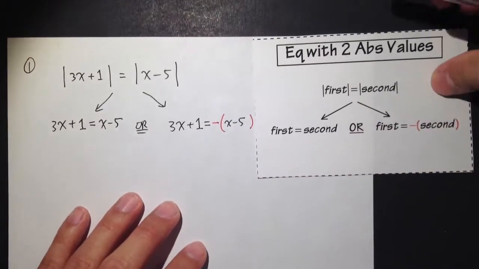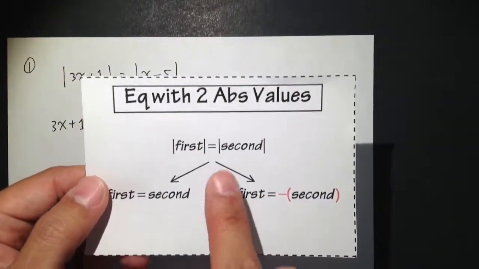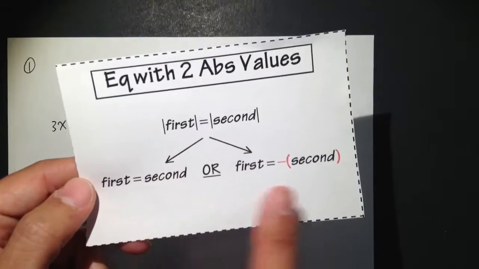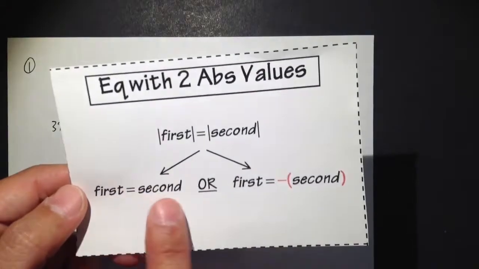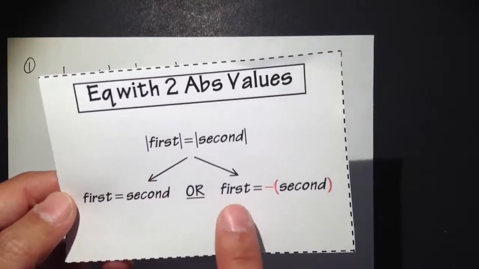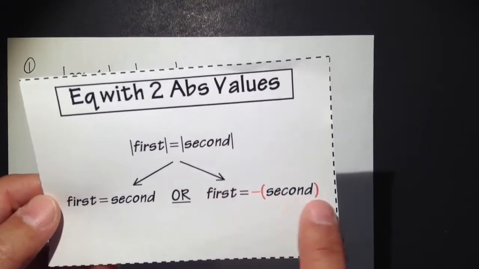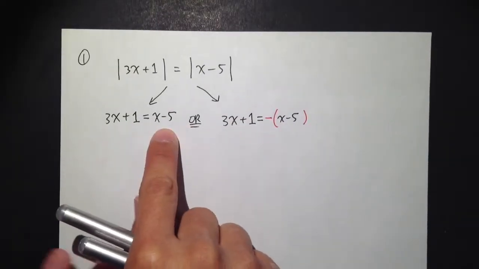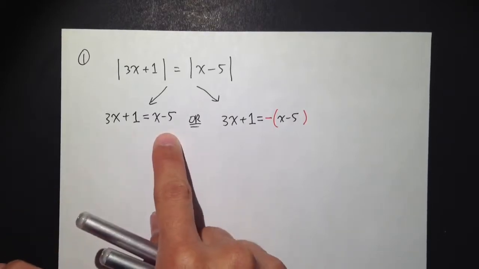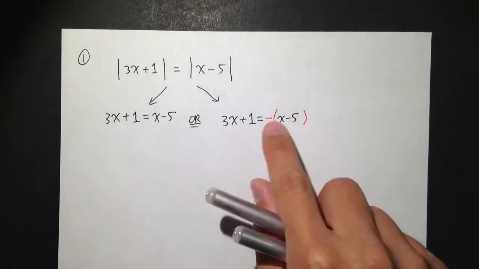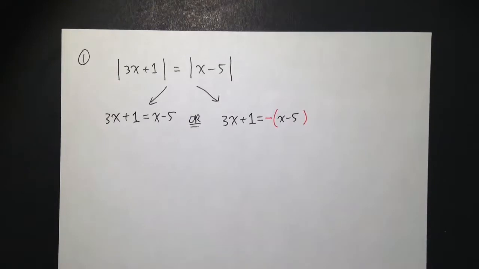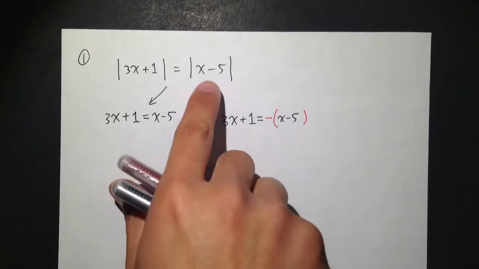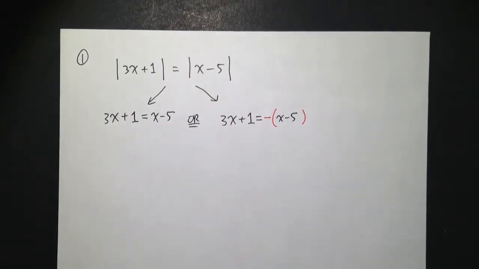So this is what I mean by this procedure. Split into two different equations. First is equal to second, or the second case is that first is equal to negative of the second. It should be similar to what we have done earlier when that was just a number. Similar procedure.